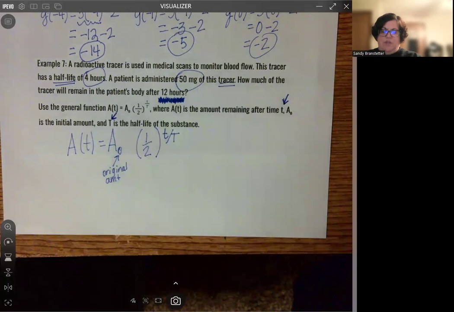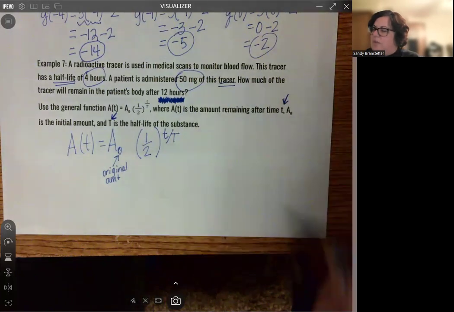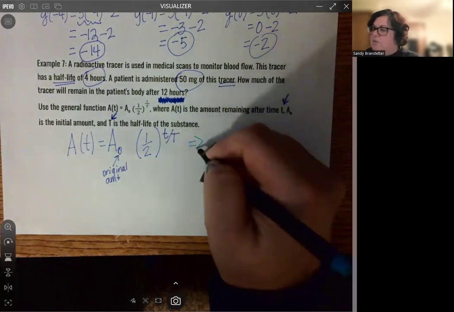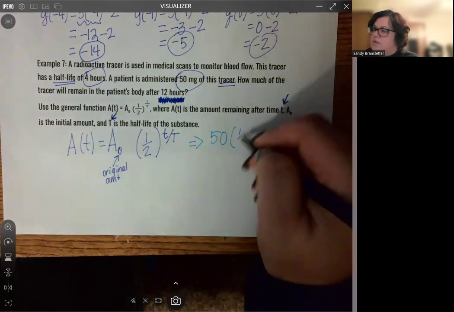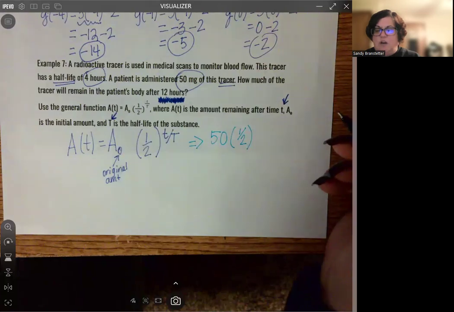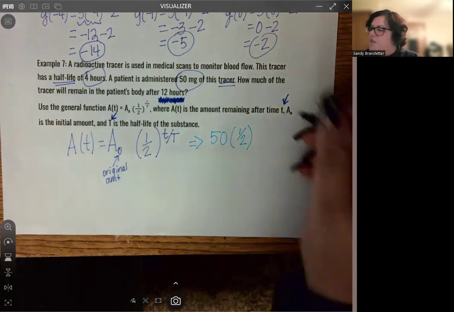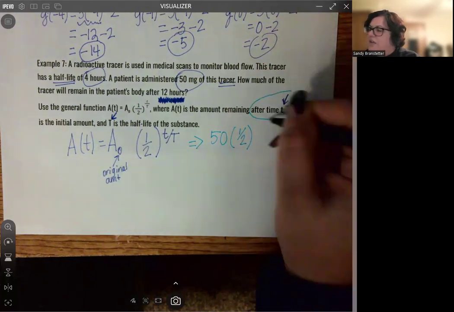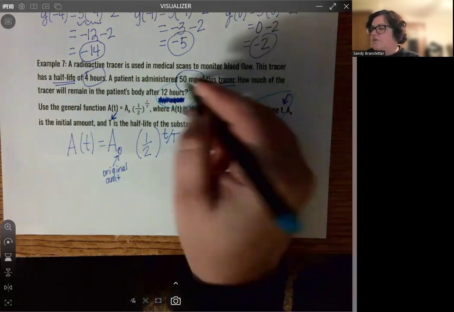And then we're just going to plug in numbers and simplify. So our original amount that we started with is 50 milligrams. We know the half-life to be 4 hours, and we know that we are trying to find how much of it is remaining after the time of 12 hours.